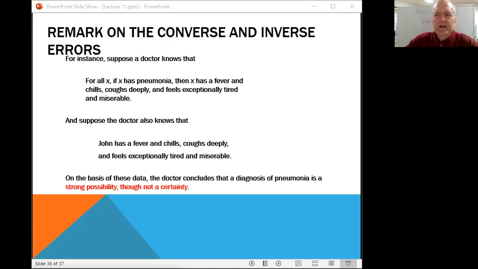So on that basis, even though it is a converse error, the doctor is going to investigate the possibility that John has pneumonia. It's not logically certain, but because there is that association, he's going to look into it. There's a possibility it's not the case, but it's a possibility that it is true, and therefore the doctor will investigate.